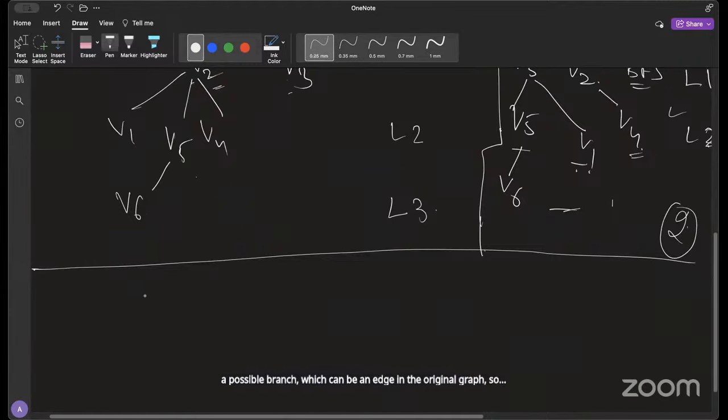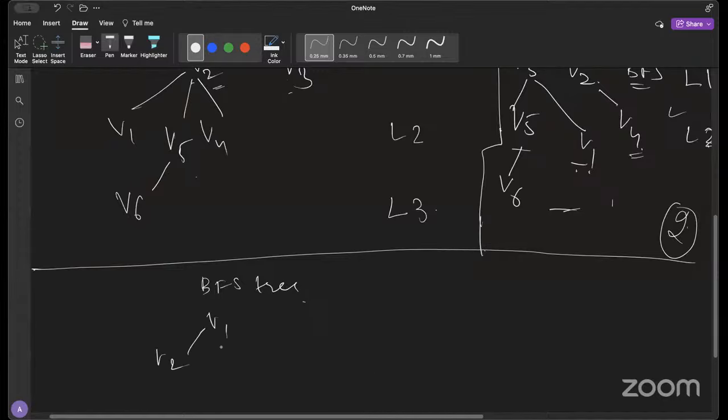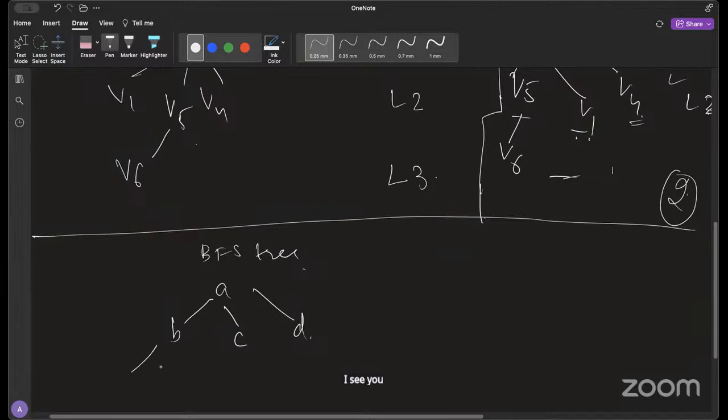So some questions are given or phrased like this. So you'll be given a BFS tree like this. Let's say you have this tree.